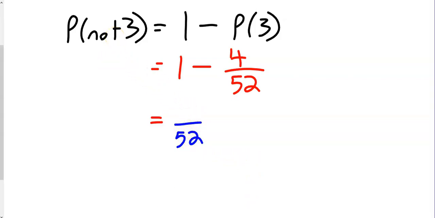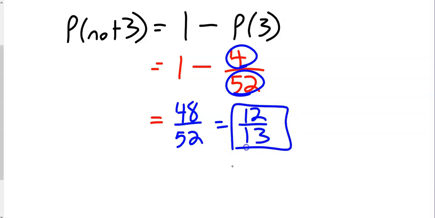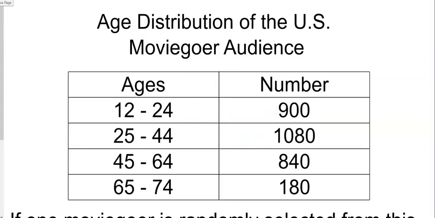So if you want to figure out how many ways we can not get a 3, take the 52 minus the 4, because that will tell you how many cards are not 3, because there's only 4 cards that are 3. So 52 minus 4 gives you 48, and that reduces down to 12 out of 13. That's the real answer I'll be looking for. And again, they want fractions throughout this thing.